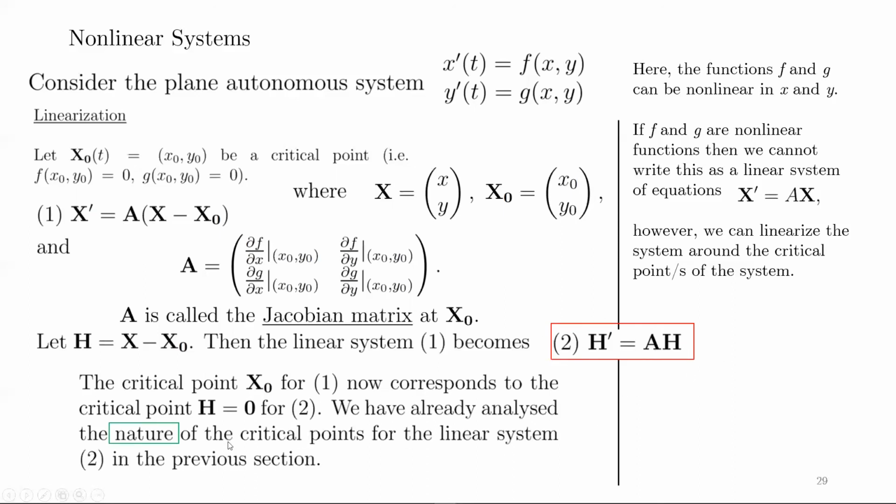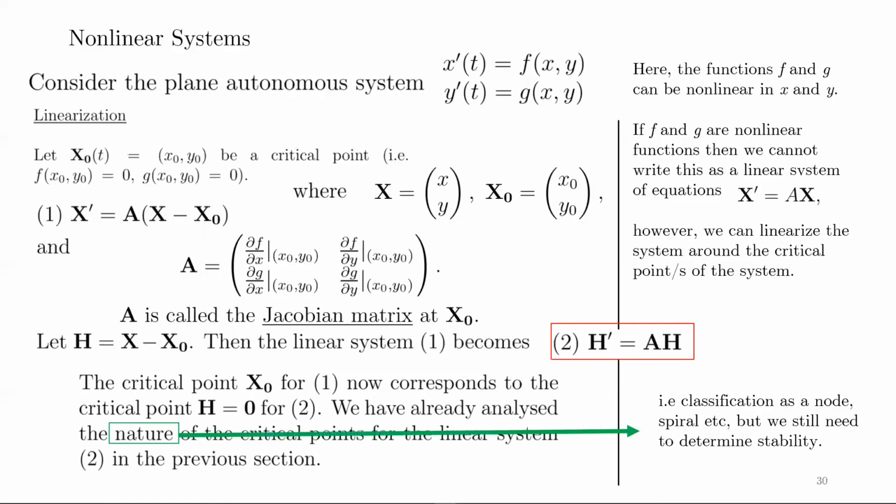It turns out that the nature of the critical point, that is whether it's a node, a spiral, a saddle point, or a center, and so on, we've already learned how to do that. By nature I mean the classification as a spiral, a node, anything like that. But you can't use the same stability criteria as for linear systems.